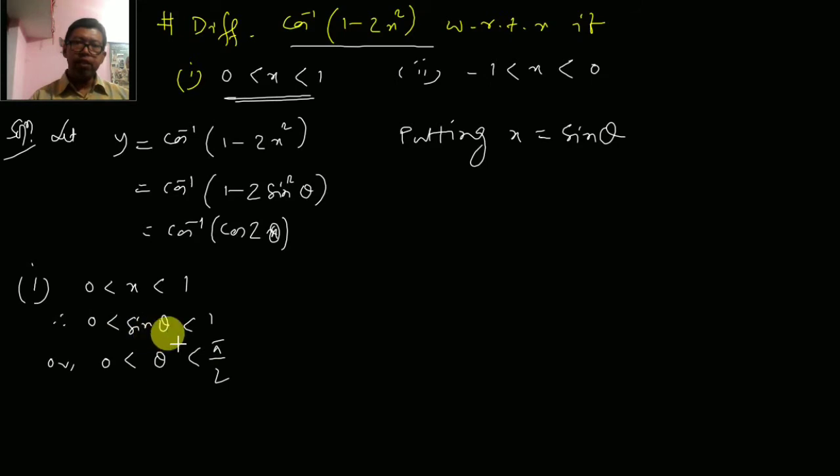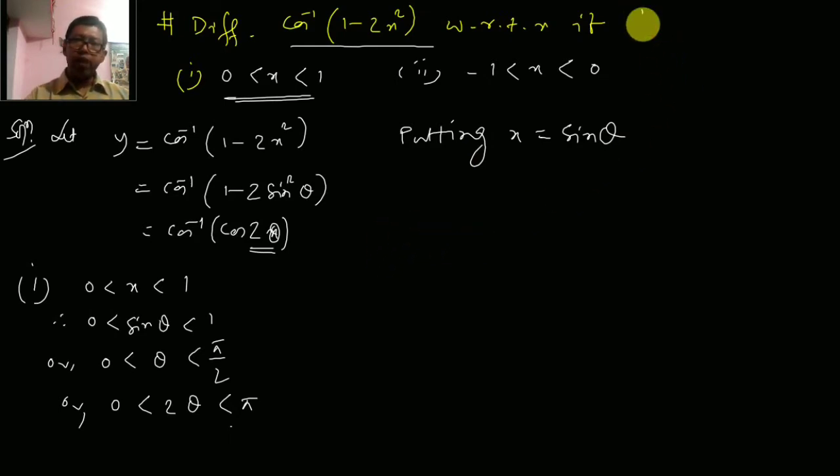0 less than sin theta less than 1, because sin pi by 2 is equal to 1 and sin 0 is equal to 0. So for this 0 less than theta less than pi by 2, what is the angle? This is 2 theta. You multiply all the parts by 2, so that 0 less than 2 theta less than pi, because pi upon 2 into 2 is pi. And 0 to pi, you see what is our range of cos inverse.